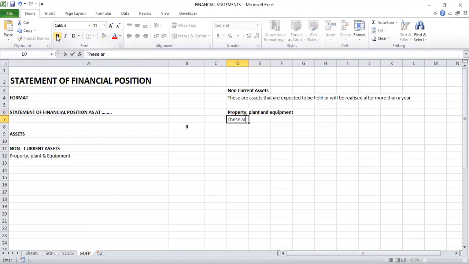These are tangible assets, or assets with physical substance, excluding investment property, expected to be held for more than a year.